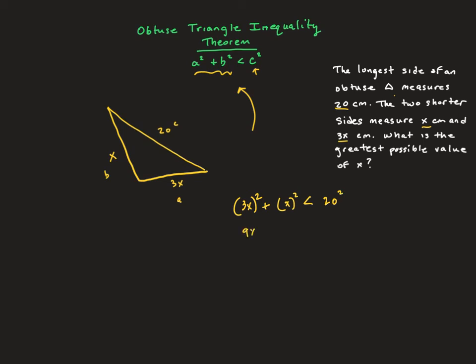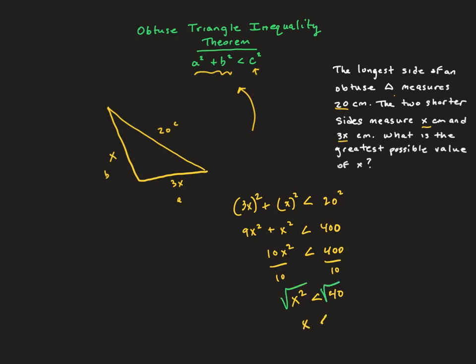So 9x squared plus x squared is less than 400. We end up with 10x squared is less than 400. I'm going to divide both sides by 10. And x squared is going to be not equal to, but less than 40. I'm going to find the square root of both sides.